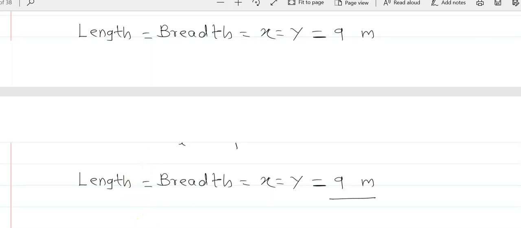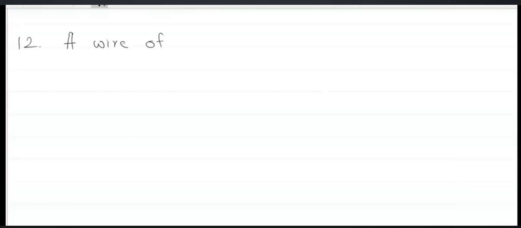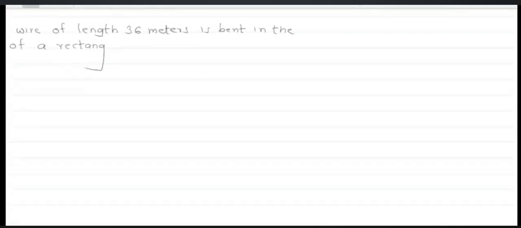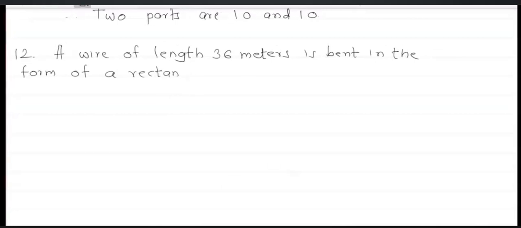Now again we'll see here. A wire of length 36 meters is bent in the form of a rectangle.